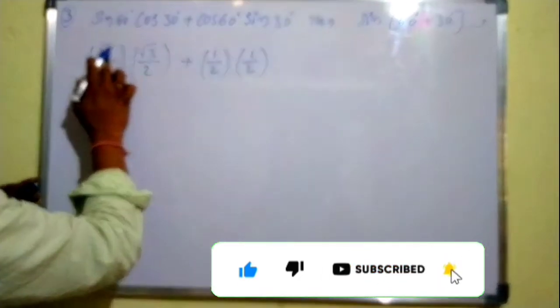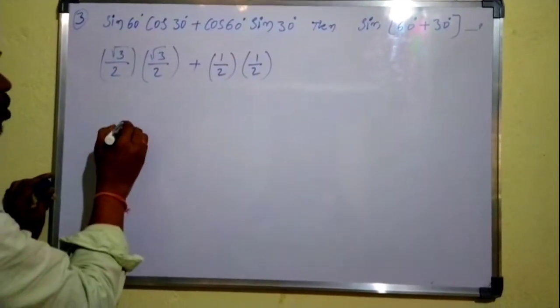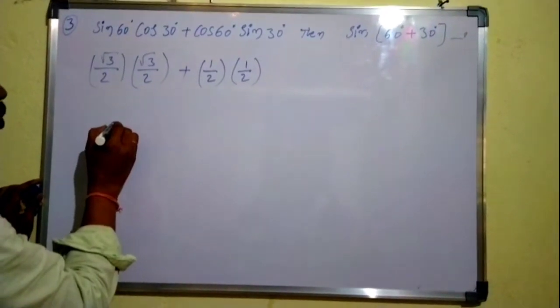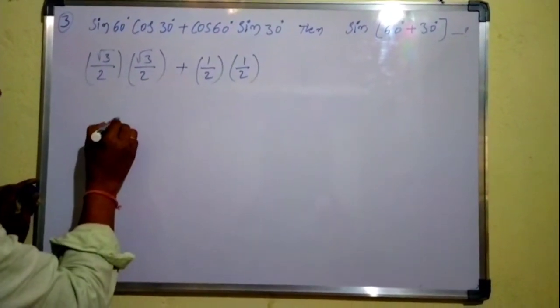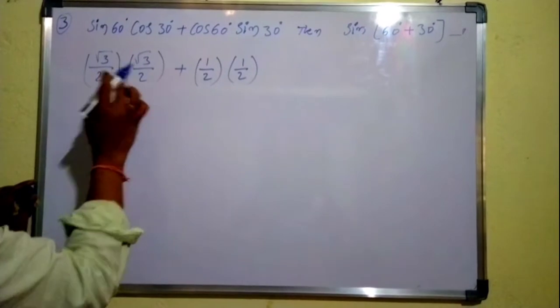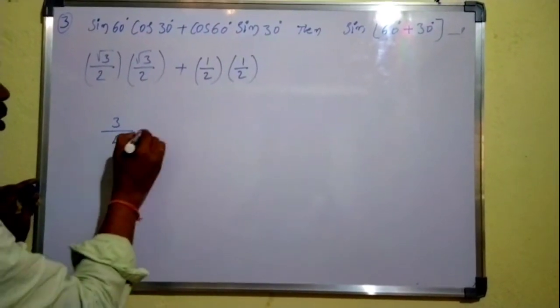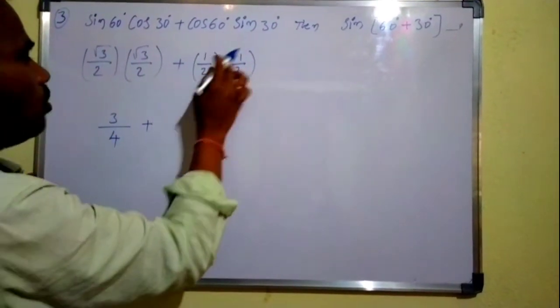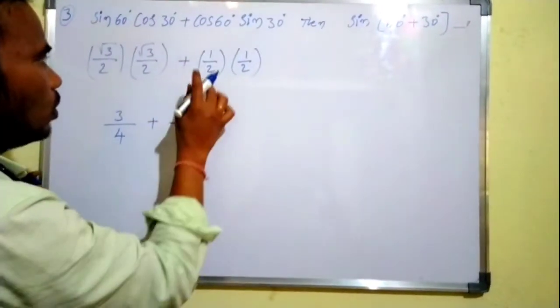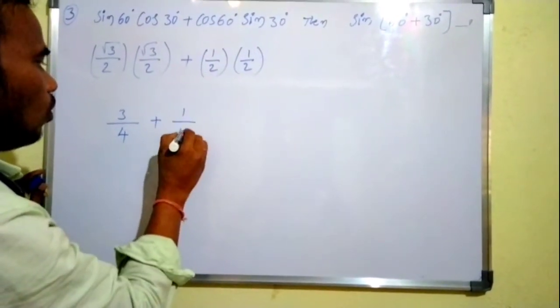So finally root 3 into root 3 is simply 3, and 2 into 2 is 4. Plus 1 into 1 is 1, and 2 into 2 is 4.